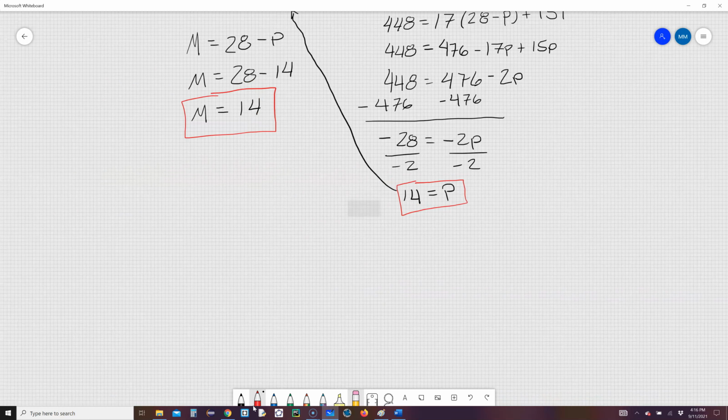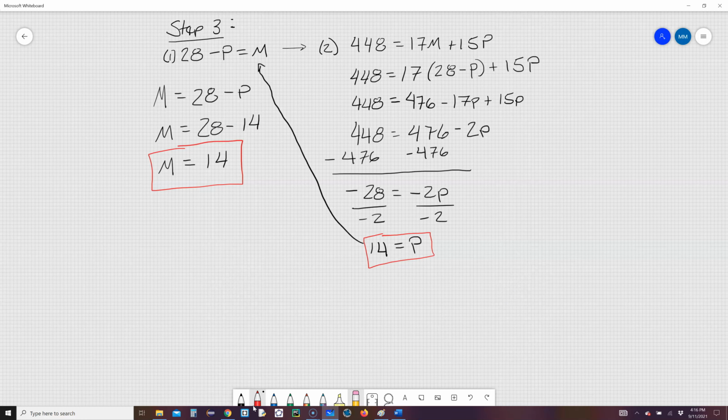Step 4 says we better check this. I would be especially suspicious of the fact that they came out to be the same thing. Okay, we know 28 is M plus P. We just used that. 14 plus 14 is indeed 28.